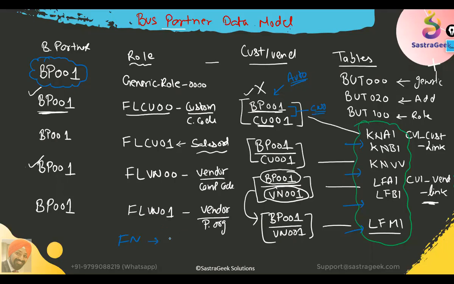They have created customer 1001 and someone else has created customer 1002. They have created company code data for this one and sales org data for that one. These both are the same entity. So that kind of duplication you need to control, so that for the same thing you don't create two different customers or two different business partners.